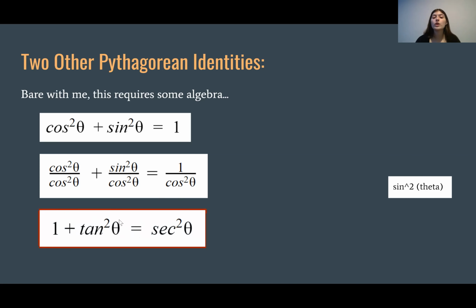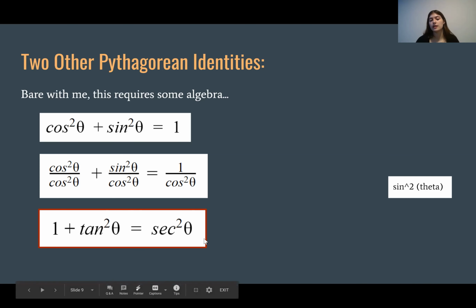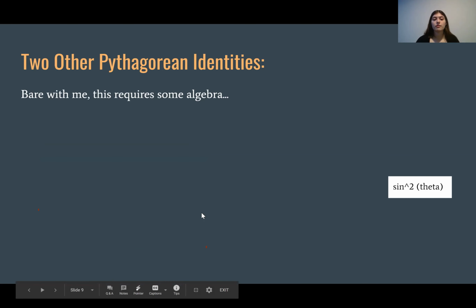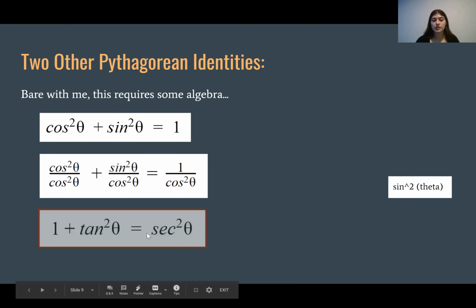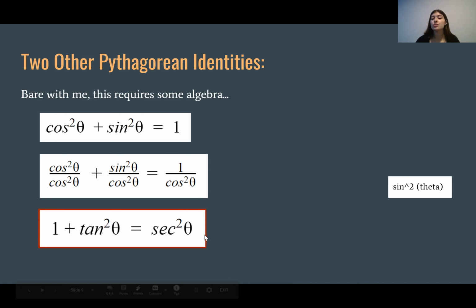So we already knew how to do all of these rules when we created our second Pythagorean identity. This is our first Pythagorean identity, this is our second, and now we're going to do our last one. Instead of dividing by cosine squared, we're going to divide by sine squared.